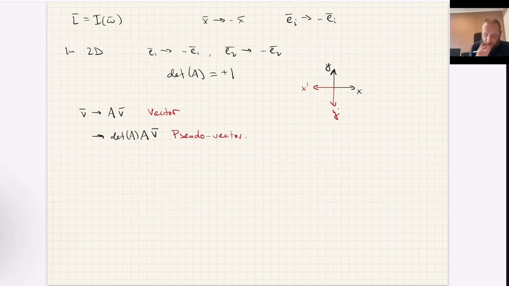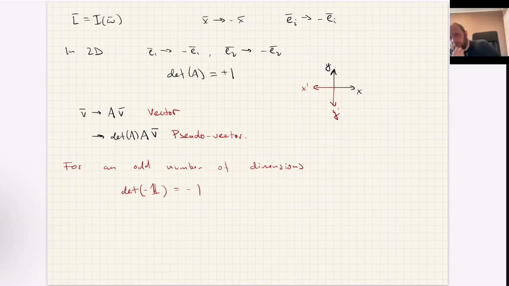Now, of course, for an odd number of dimensions, the determinant of minus the identity is -1, so that is an improper rotation.